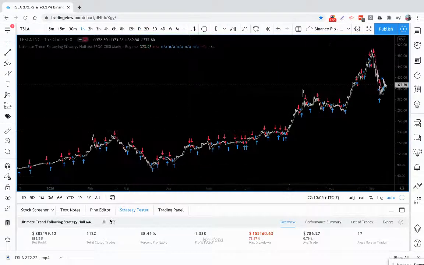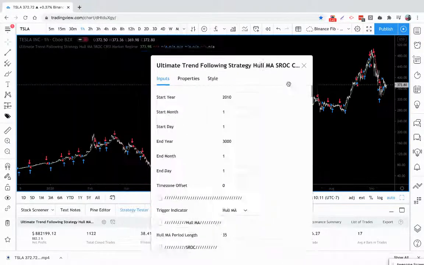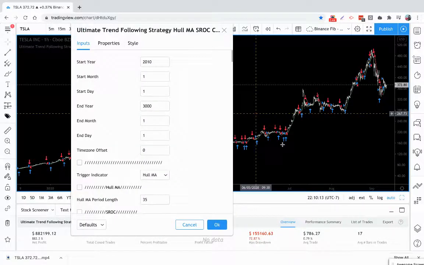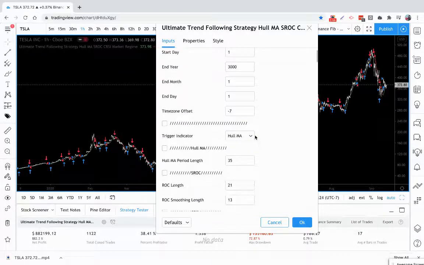Okay, so now first thing we're going to do in our strategy, after we set our time, let's also set our time zone. This is going to be different for you depending on where you're at, but I'm in UTC -7, so I want to make that match. Now, if I want to start off by using the standard rate of change as the trigger indicator instead of the Hull MA, it's Hull MA by default, it's the first one, but if you want to use standard rate of change, you just switch it over.